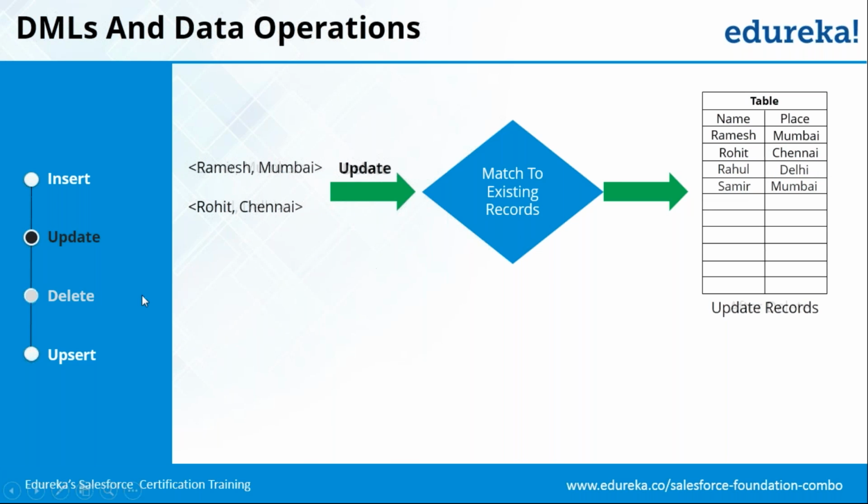So similarly, if you do the delete command, whatever records you choose, they will get deleted, they will get eliminated. Like for example, if we say delete Samir and Rahul, then from the database they are completely non-existent. Okay, as you can see, they were present here, Rahul and Samir, but their records are non-existent after performing the delete operation.